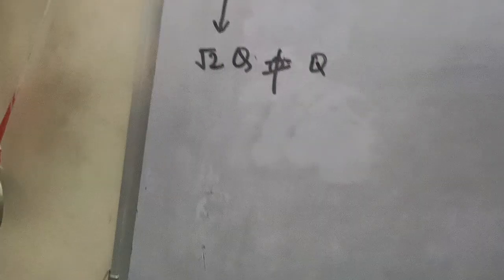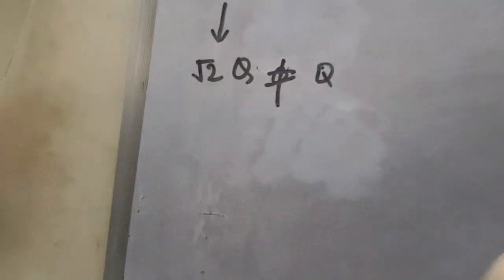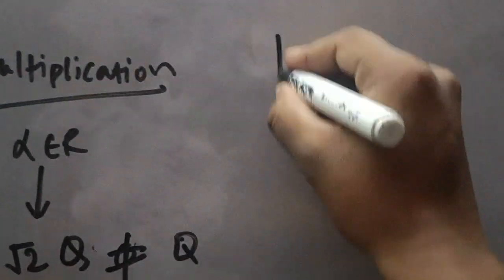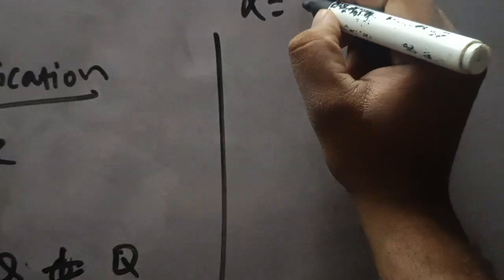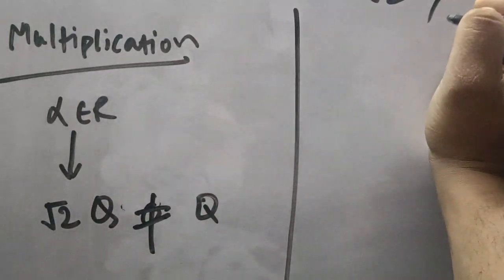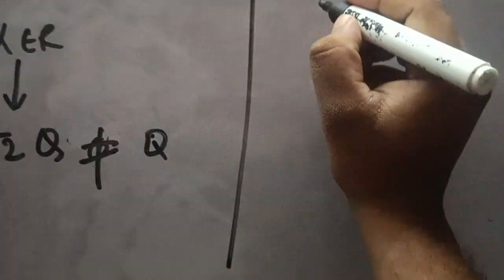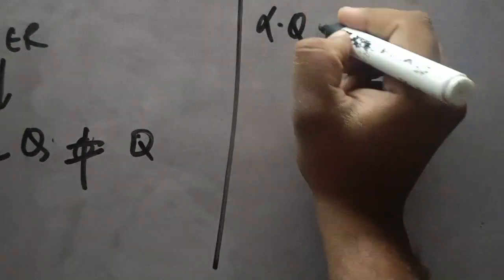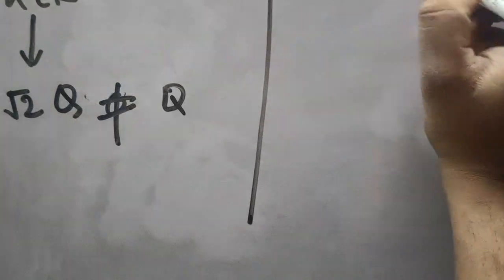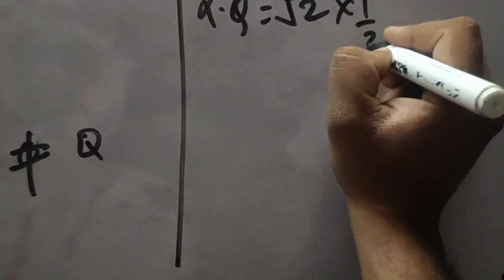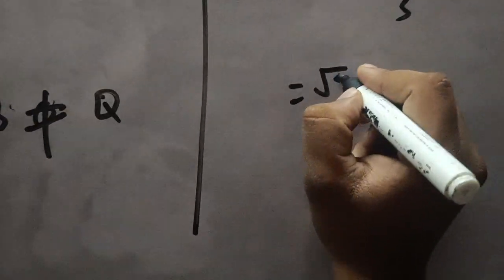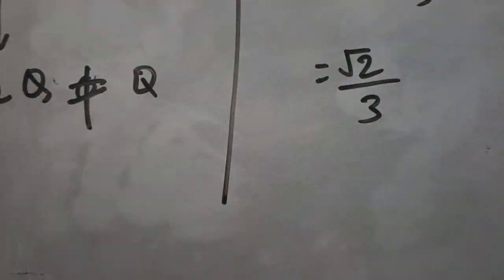Let me explain what I'm trying to say here. Let's take alpha as root 2 and q as 1 by 3. When you multiply alpha into q, which is root 2 into 1 by 3, what you get here is root 2 by 3.